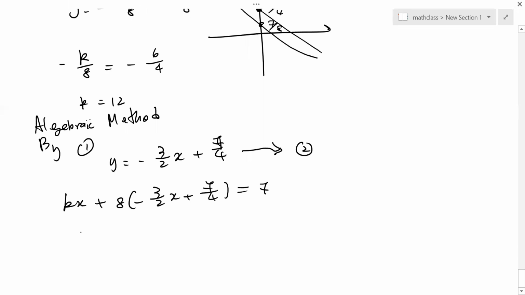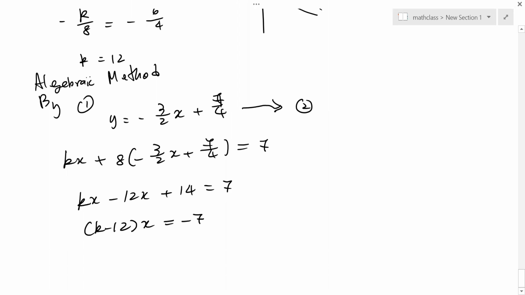Simplify this and you get kx minus 12x plus 14 equals 7, so k minus 12 times x equals negative 7. If you're able to solve this equation, then you have a solution, and then you get y. So this has no solution when k equals 12. This is another way to get it, and when there are no common solutions, k equals 12.